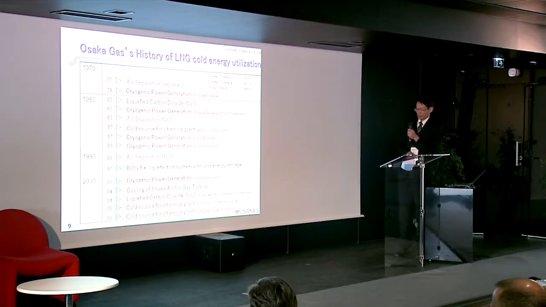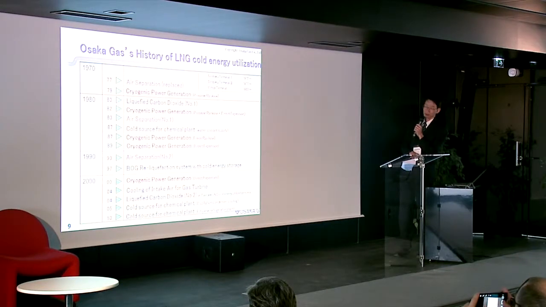Next, I will show Osaka Gas's experiences in cold energy utilization. This shows the list of cold energy utilization systems in Osaka Gas terminals. First one is air separation. This was unfortunately replaced already. This was constructed in 1977. Next one is cryogenic power generation.